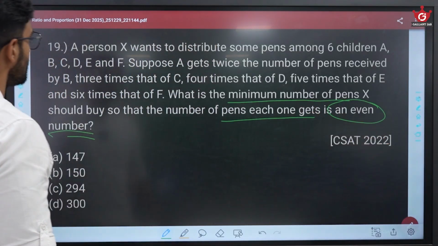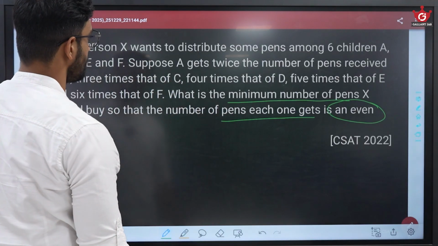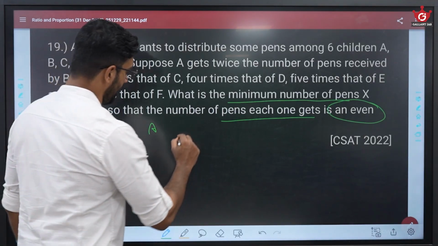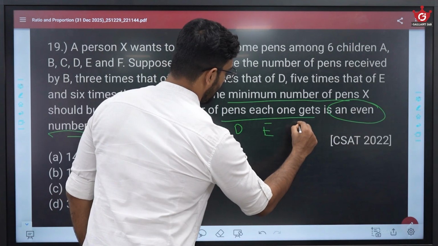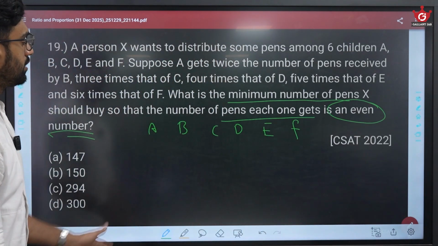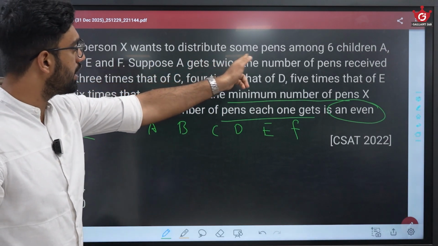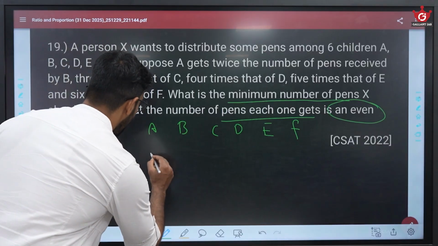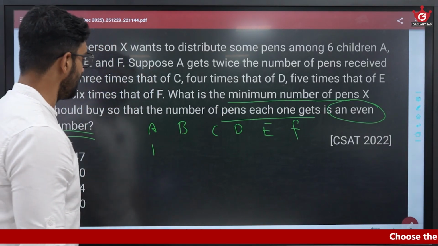Okay, so let's start with the given ratio. There are 6 children, A, B, C, D, E and F. Given that A gets twice the number of pens received by B, 3 times that of C. So let's take the ratio with A as 1.